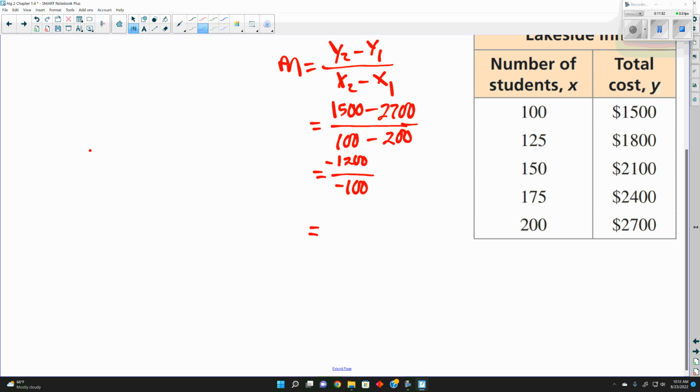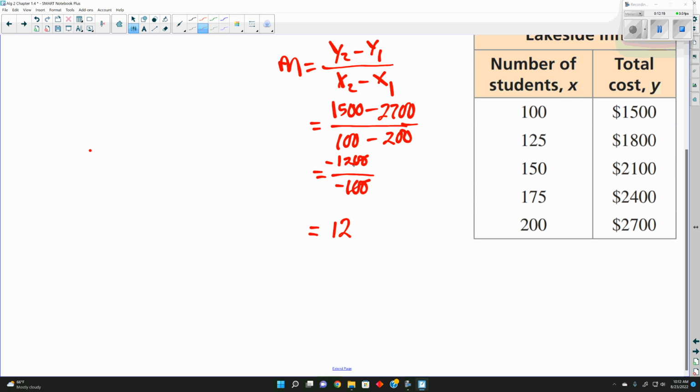Well, negative divided by negative is going to make this positive, yes? What is 1,200 divided by 100? Zeros cancel. Because when we divide by 10, we just move the decimal one spot over. So for 100, we would move it 2.